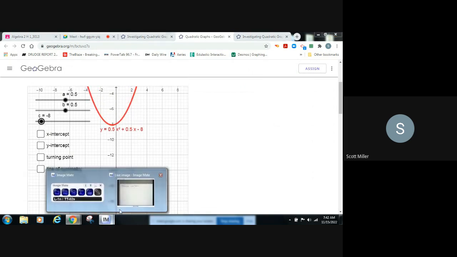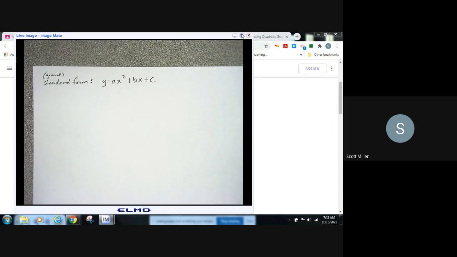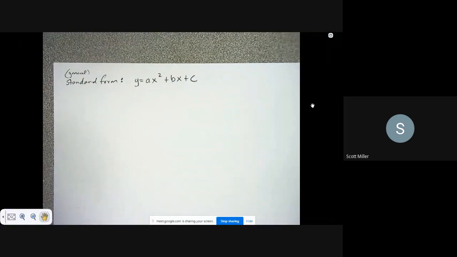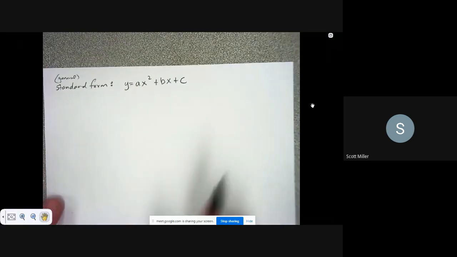Notice, okay, C is also going to be your y-intercept. Okay, so let's take a look and write some of that stuff down. So we have it over here. What does the C do?